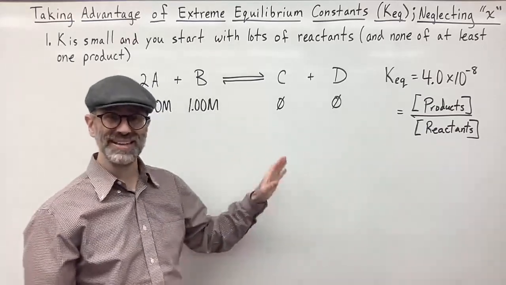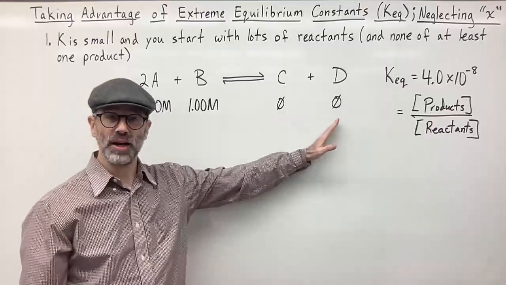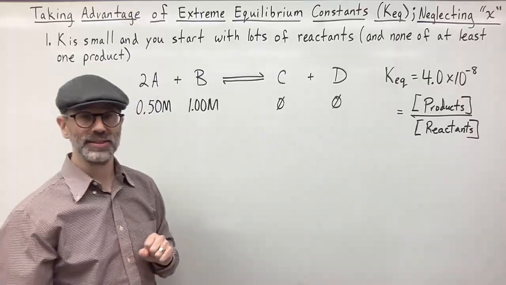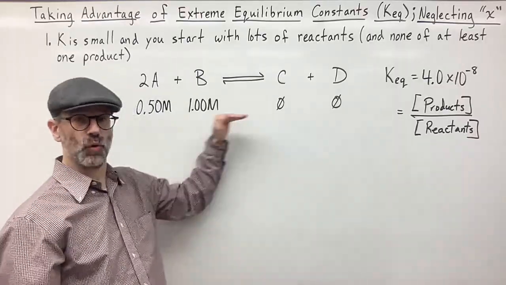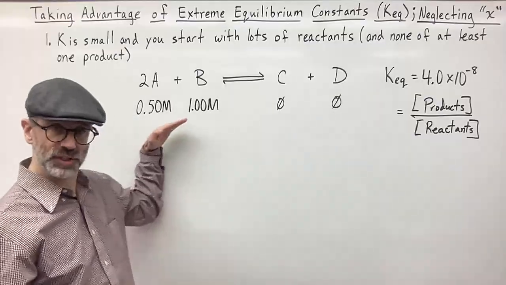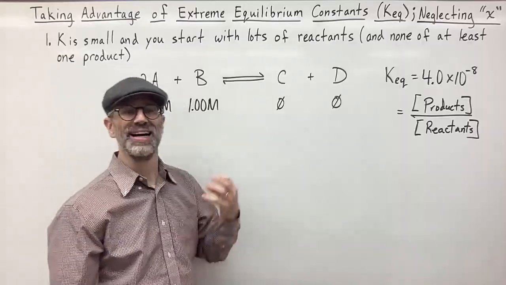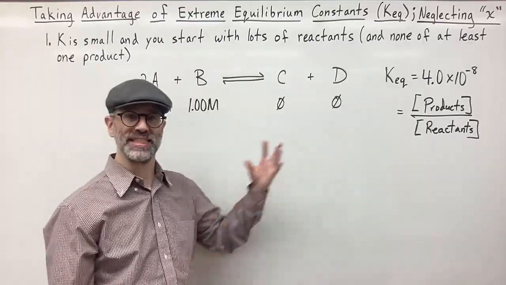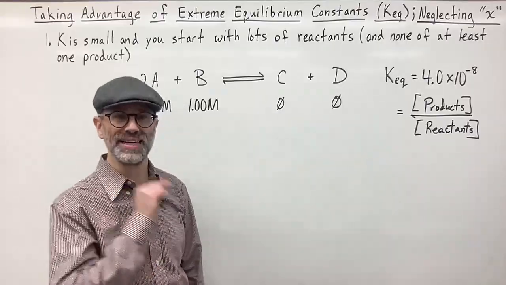In this case, because at least one product is 0, that tells us this is going to shift towards the products. It's going to shift to the right to make product, because you can't have 0 product or 0 reactant. If you have 0 on one side or the other, you know it has to shift to that side.